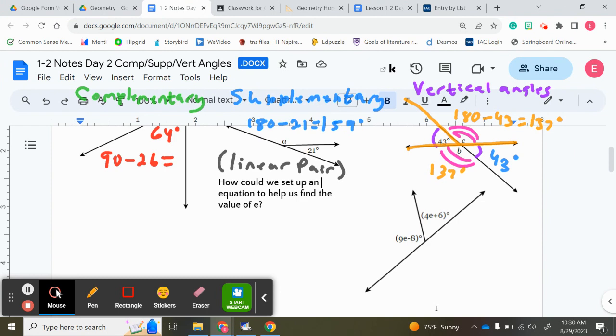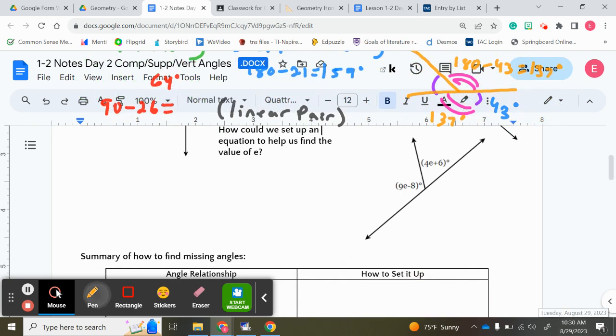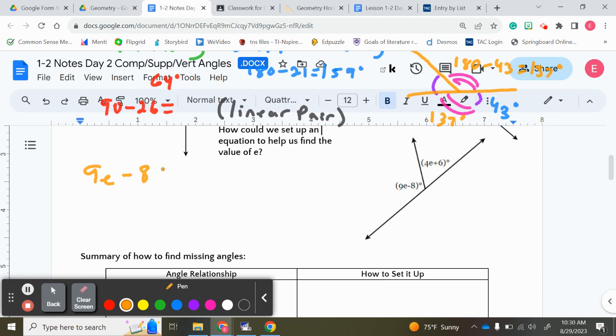Good. 180. So we're going to add this and set it equal to 180. So this is going to look like 9E minus 8 plus 4E plus 6 equals 180.